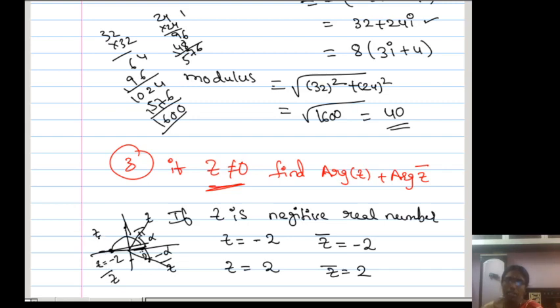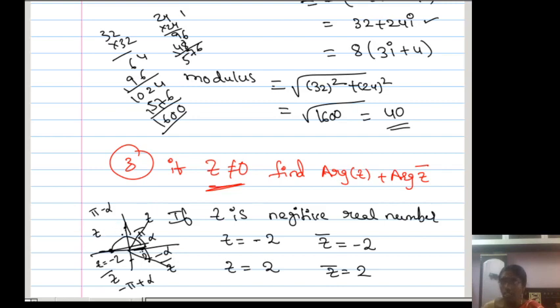If the argument of z is pi minus alpha, the argument of z bar is alpha minus pi, or minus pi plus alpha. Adding these two, minus pi plus pi minus alpha, you are getting 0 again. So if z lies in the fourth quadrant, z bar lies in the first quadrant. If z lies in the third quadrant, z bar lies in the second quadrant.